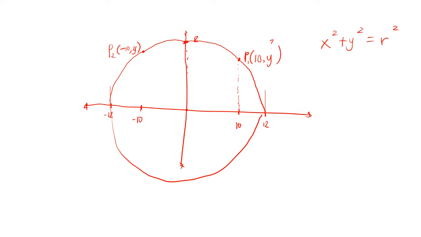And because the radius of this semicircular tunnel is 12 feet, r equals 12, then our equation would become x squared plus y squared equals 12 squared, which is x squared plus y squared equals 144.